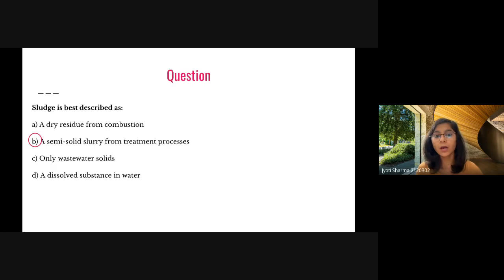As we talked, we had primary treatment, secondary treatment, and tertiary treatment, and at each of these processes we had some sludge, right? And this sludge, because we were treating the wastewater, right? So we had wastewater, and wastewater had some solid.